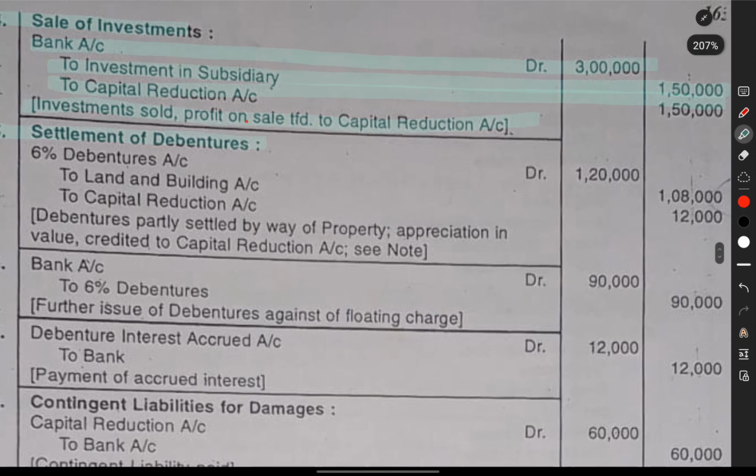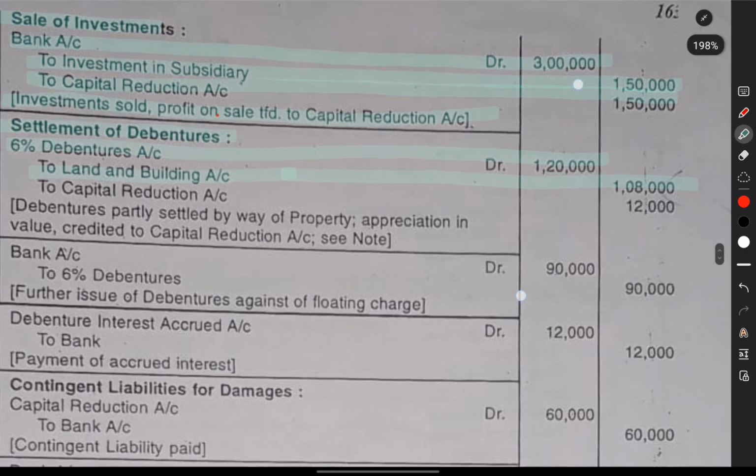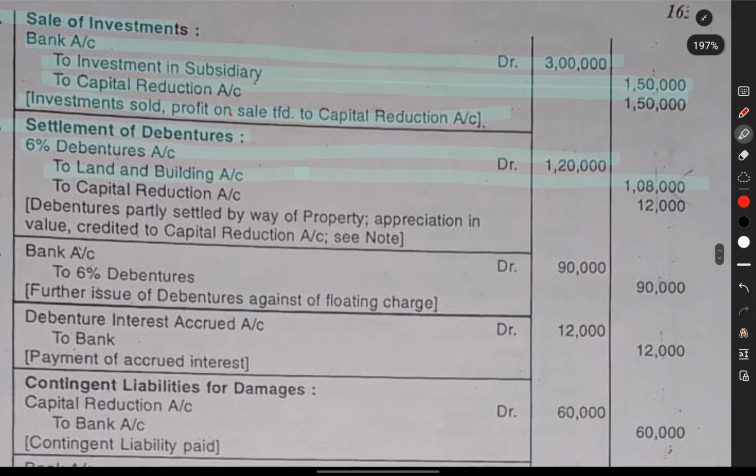For settlement of debenture, we will give a debit to 6% debenture account to land and building, because they take over the land and building, and the balance will go to the capital reduction account, 12,000. So our narration will be: being debenture partly settled by way of property, appreciation in value credited to capital reduction account.